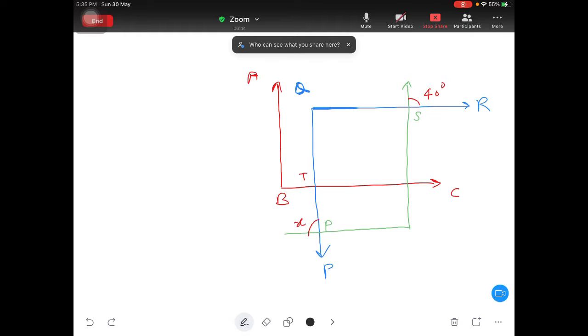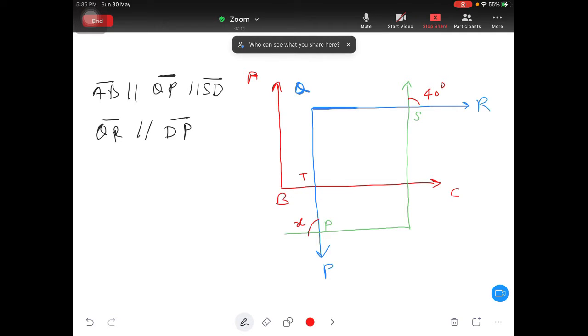Then we will find out in the given figure, not to scale, your AB section is parallel to QP section is parallel to SD section, and also your QR is parallel to DP. Now you see, we have to find out X value.